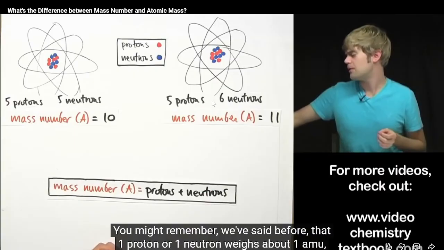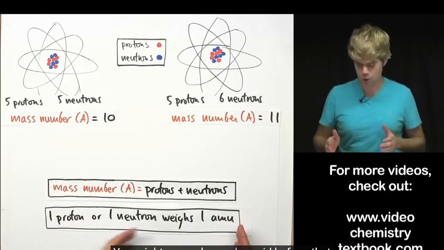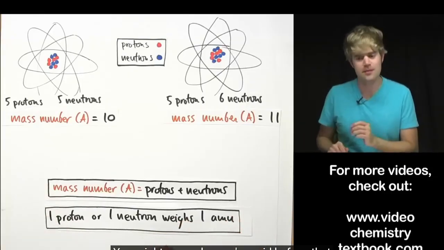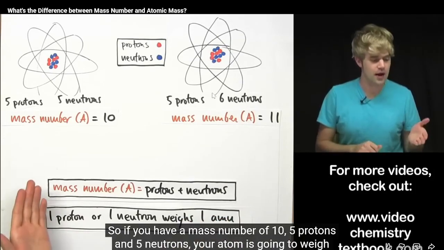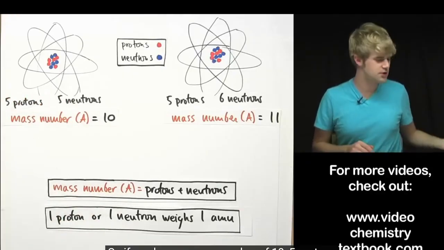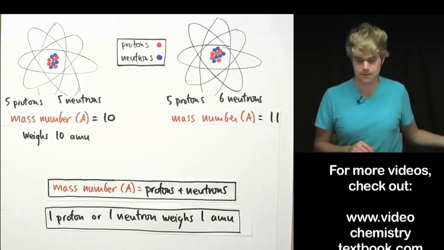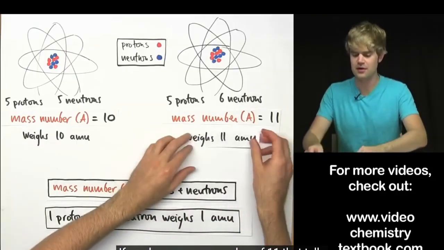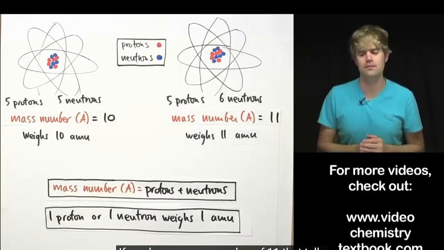You might remember, we've said before, that 1 proton or 1 neutron weighs about 1 AMU, 1 atomic mass unit. So, if you have a mass number of 10, 5 protons and 5 neutrons, your atom is going to weigh about 10 AMU. If you have a mass number of 11, that tells you that the atom here weighs about 11 AMU.